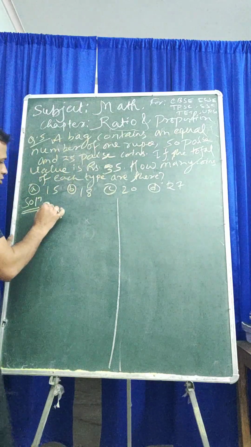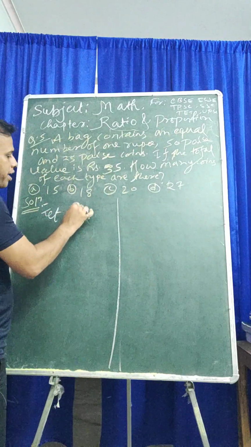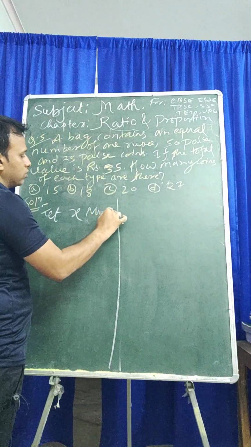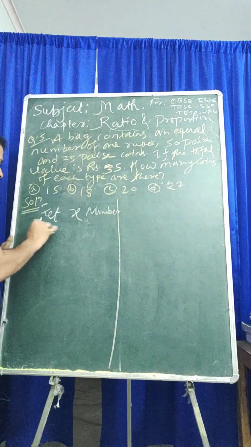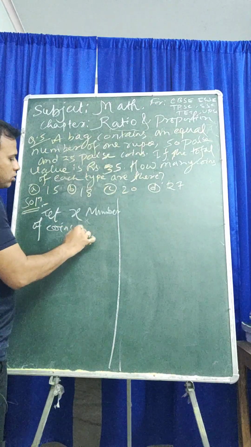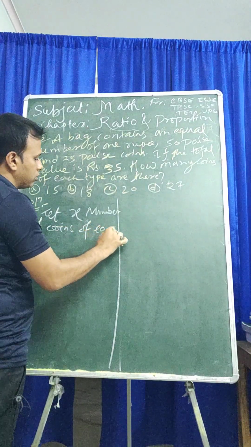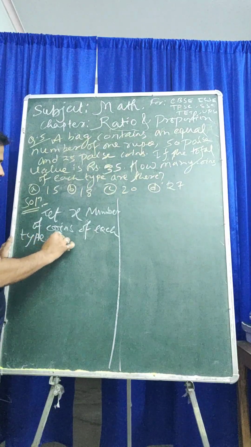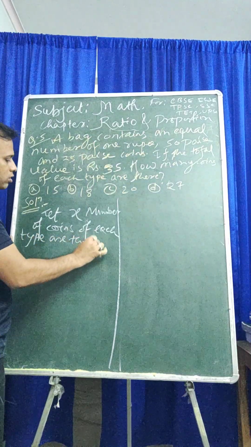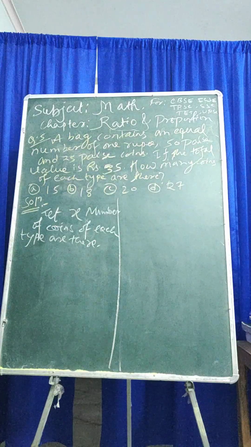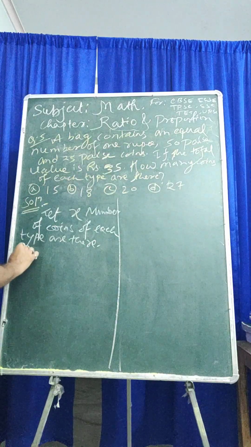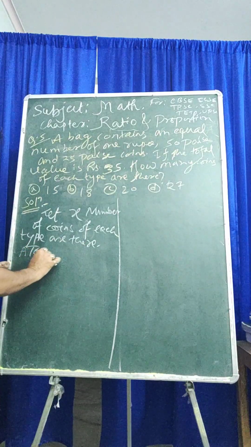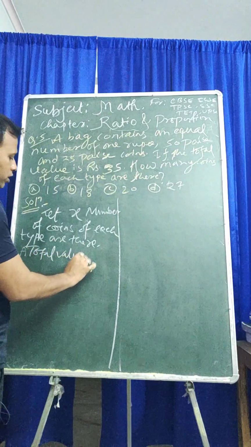So first I consider, let x number of coins of each type be there. Okay, so according to the question, total value is what? The total value of these coins is rupees 35.